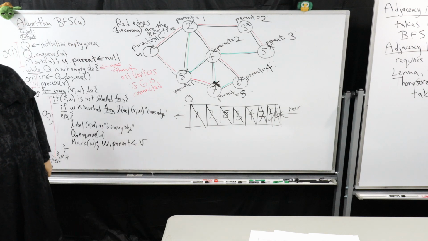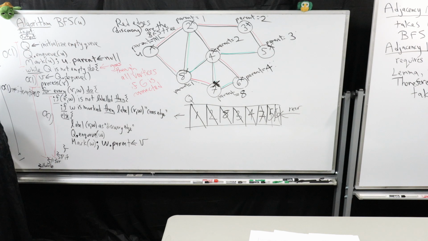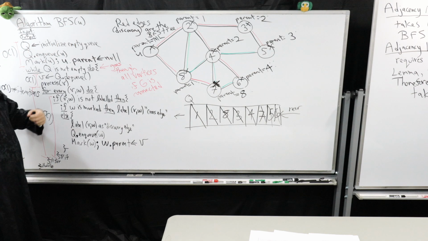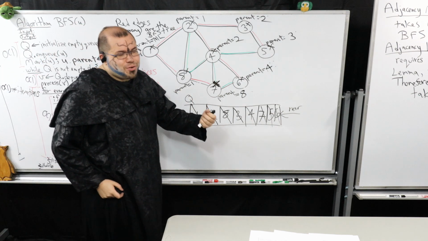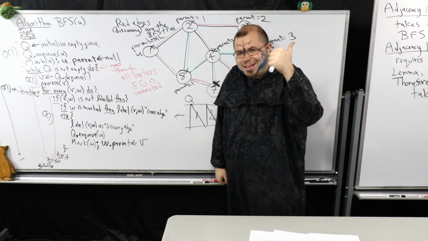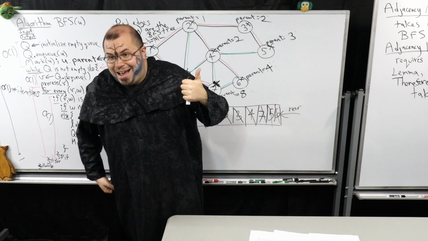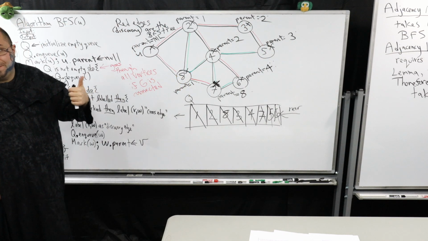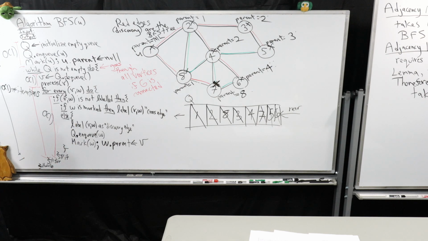So that's one property that's nice about the DFS tree: if you encounter a back edge, you can guarantee whatever is on the other side of that edge is an ancestor in the tree. So that's one thing I want to point out.